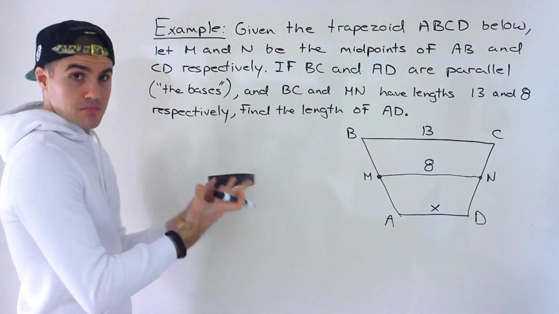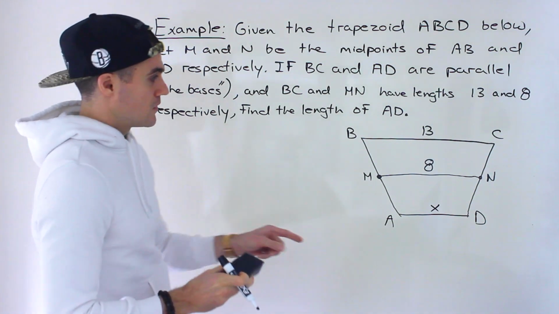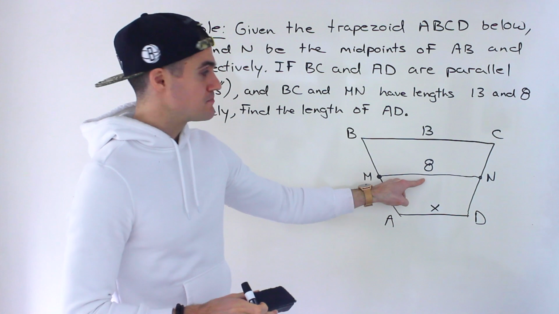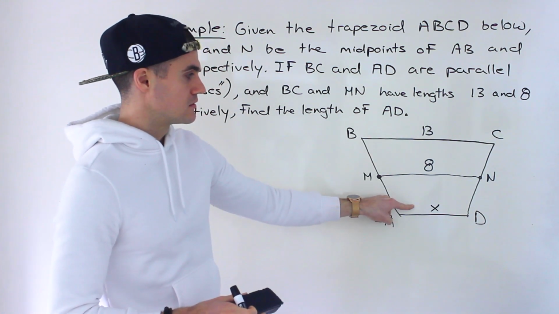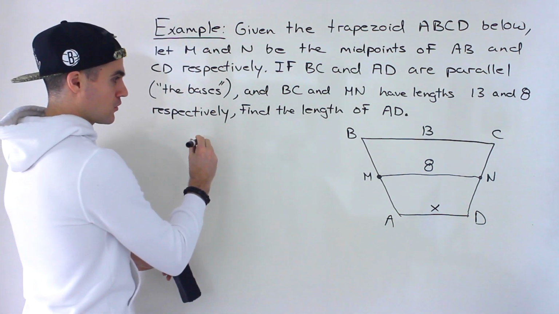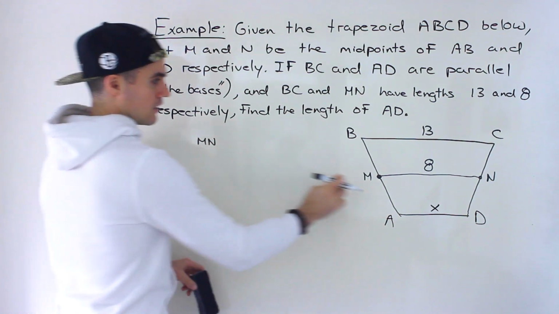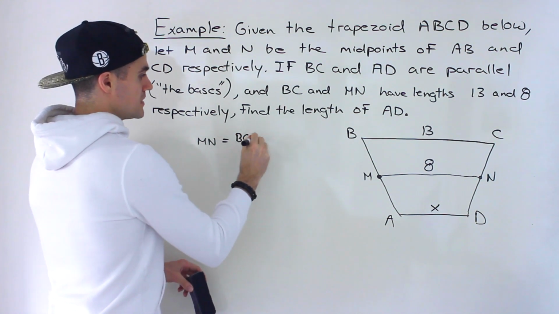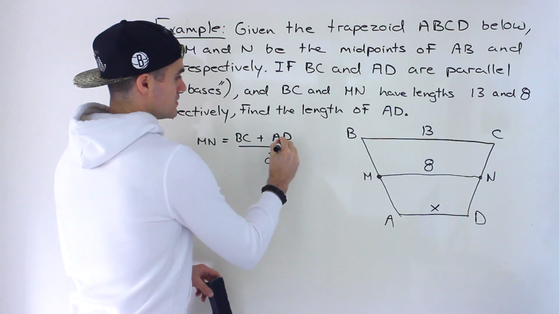And we can use the trapezoid mid-segment theorem on this, because if you remember, the length of this mid-segment line is basically the average of these two lines. So just in general, before we put in any numbers, we can say MN, this length, is equal to the length of BC plus AD added up, divided by 2.